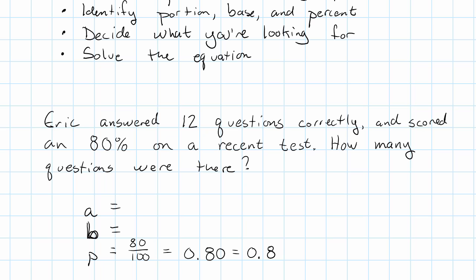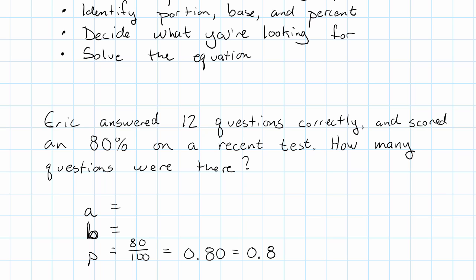Now it's not explicitly telling us whether those 12 correct questions are the base or the portion. So we need to draw on our knowledge of the world. Our percent score on a test describes the ratio of correct answers to all answers.